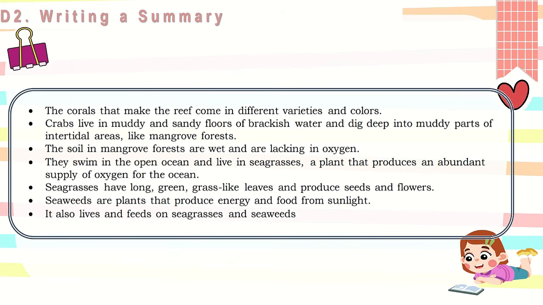They swim in the open ocean and live in sea grasses, a plant that produces an abundant supply of oxygen for the ocean. Sea grasses have long, green, grass-like leaves and produce seeds and flowers. Seaweeds are plants that produce energy and food from sunlight. It also lives and feeds on sea grasses and seaweeds.